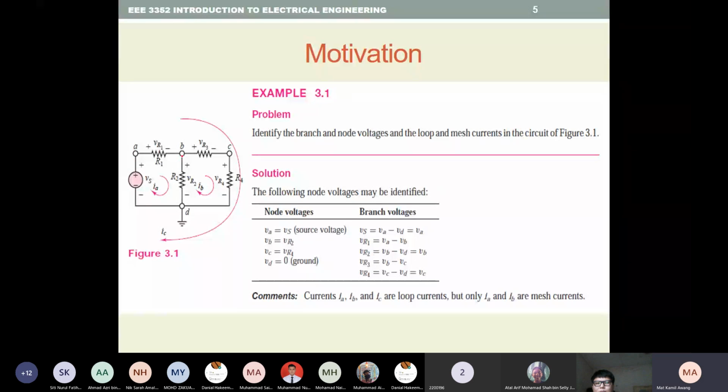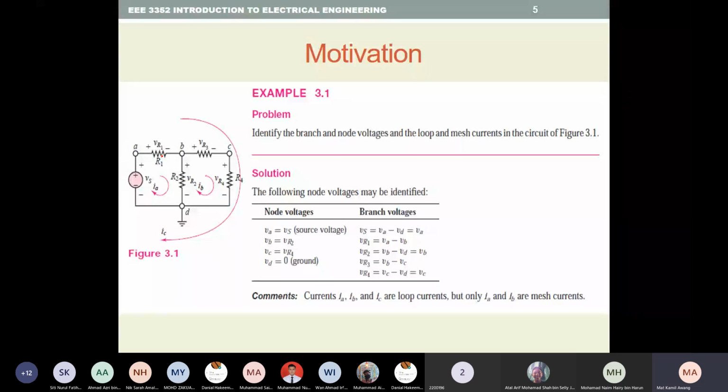VR1 is basically the voltage across these 2 nodes, between A and B, and the current is flowing from the positive to the negative. So VA has a higher voltage compared to VB, in this convention, but maybe when you do the calculation, the answer is different.